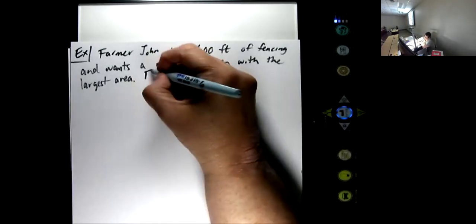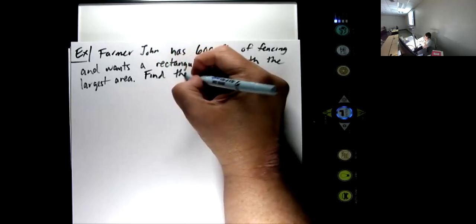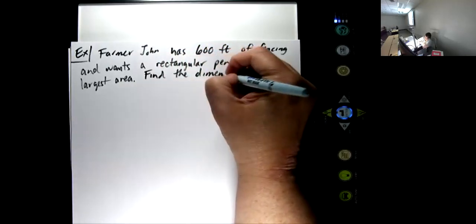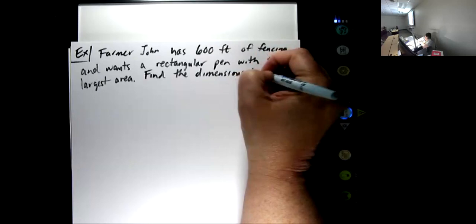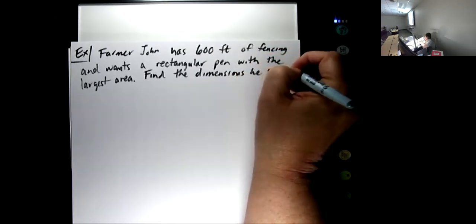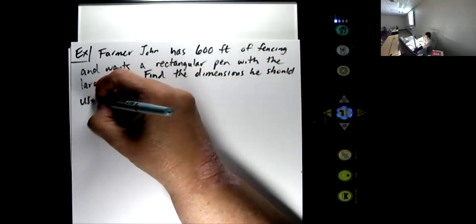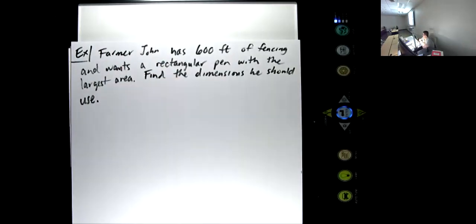Find the dimensions he wants to use. Let's assume he's got plenty of land to do it on, and for some reason, even though he has all this land, he's restricted by the amount of fencing.